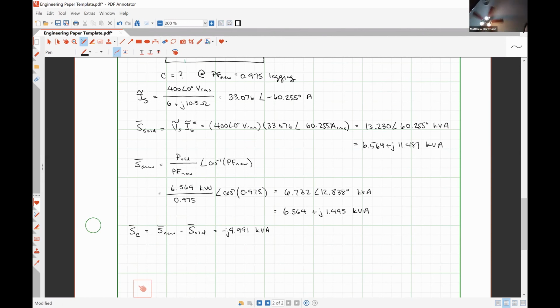From this, we know that Q capacitor, the reactive power, is then negative 9.991 kilovolt amperes reactive.